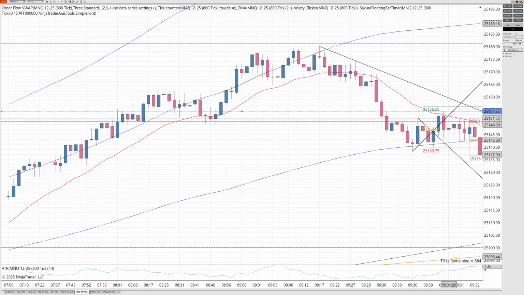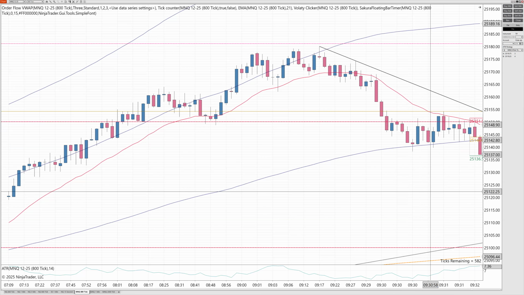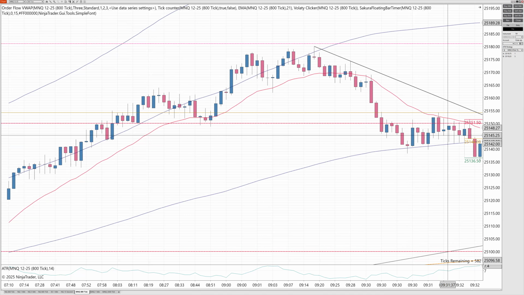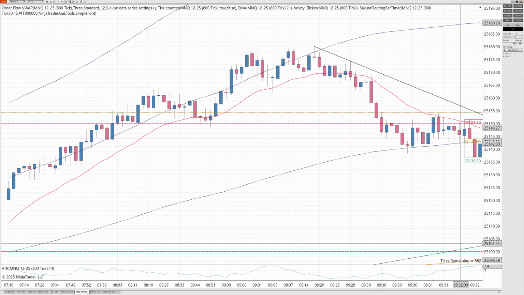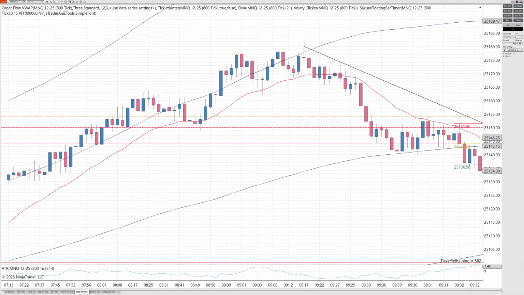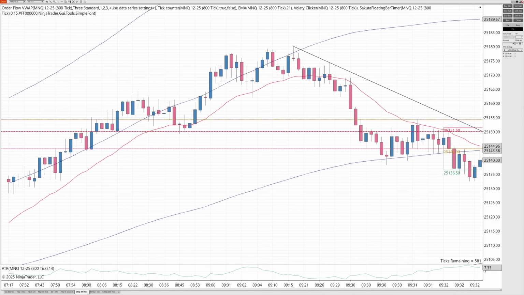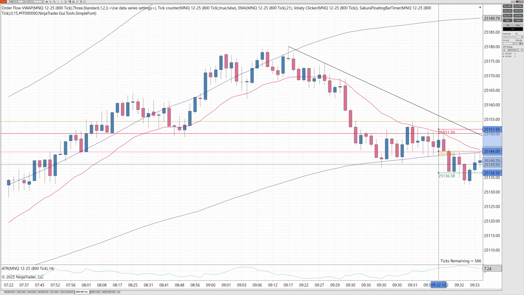But I'm keeping track of the trades that do trigger, whether or not we take them for whatever reasons, according to our rules, we still track them. So this hit target. The runner is still running, and the runner just got taken out right there.